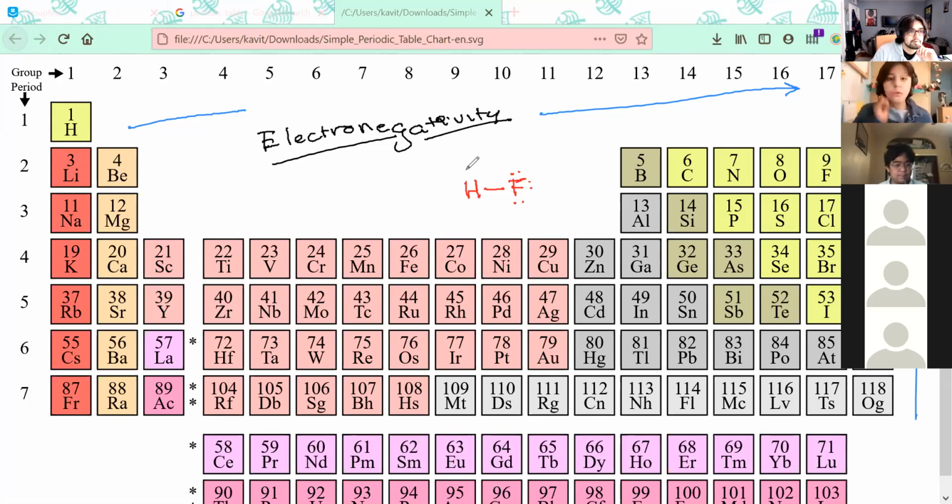What's it going to do to the electrons in the bond? It's going to pull them towards it. So even though they are sharing those electrons, they're not sharing them equally. The fluorine is going to pull those electrons closer to itself, and that makes, what does that make, guys?